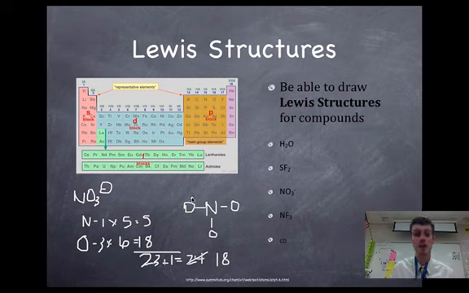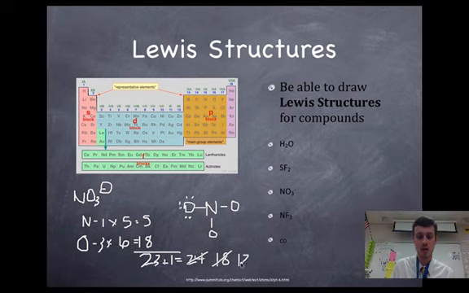So I want to make sure they all have 8 electrons. In this case, the oxygen already has 2 that it's sharing. So here's 1, or there's 3, 4, 5, 6, 7, and 8. So I've used 6 more dots. So I put on 6 more electrons, so that's 12.